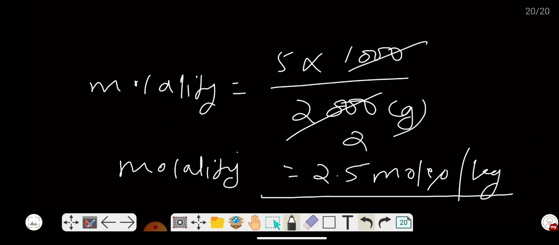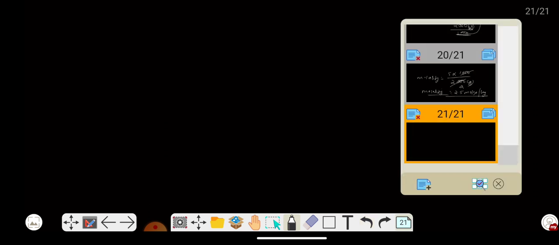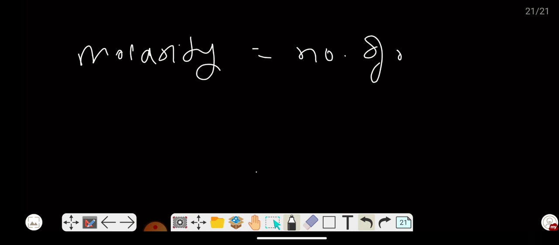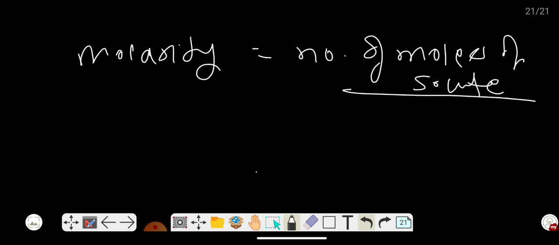Molality. Now what is the basic difference between molarity and molality? Molarity is equal to the number of moles of solute divided by the volume of solution in liters.